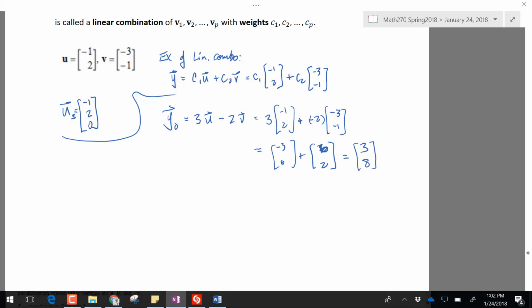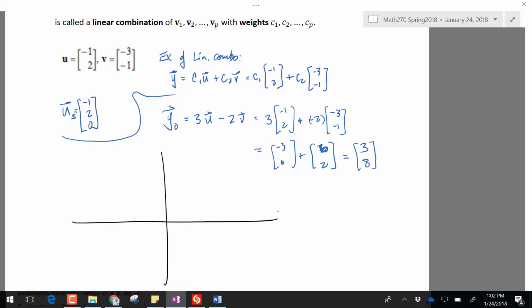Which means, what if I let C1 be whatever I want, and C2 be whatever I want? Something interesting happens then. Let's see if we can visualize this. That's why we're doing an example with a vector in R2, so that we can try to see what this looks like.